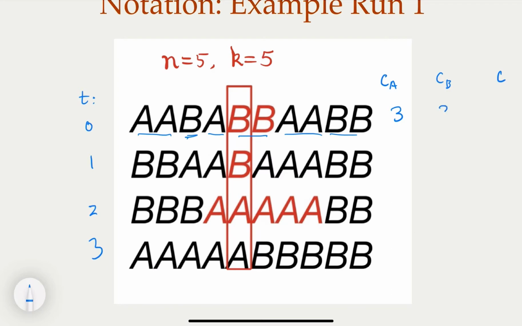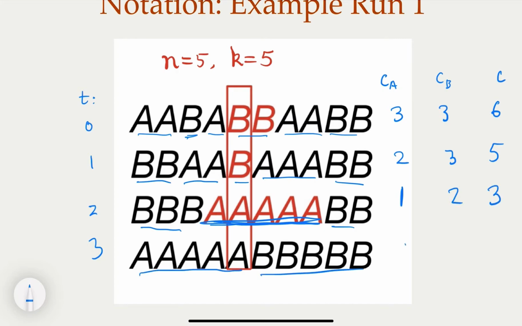So the total is 6. Now at the next time, I have C_A of 2, C_B of 1, 2, and 3, so I have 5 total. Then A is a big chunk here, that's good, so C_A is 1, and C_B here is 2. So the total is 3. And then it's 1 and 1.